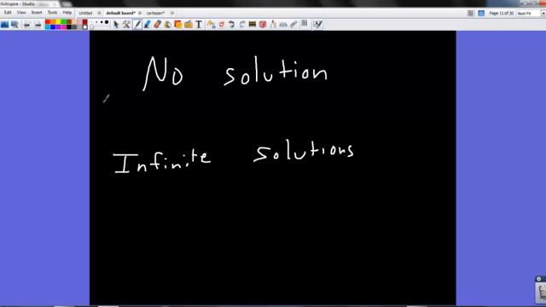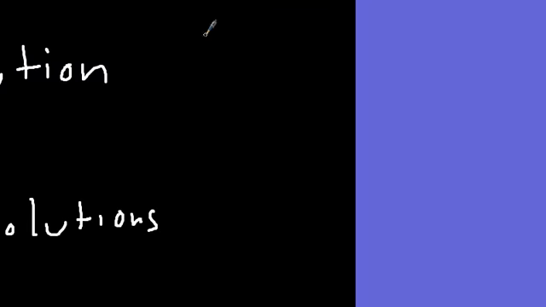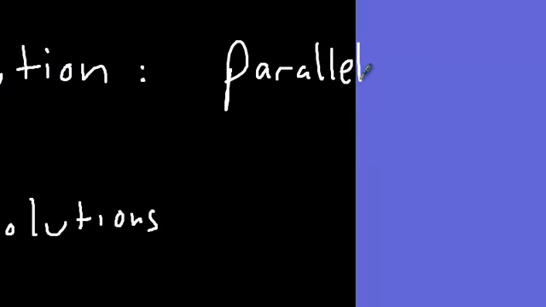Now, as we know, in a two-dimensional plane, the only time lines don't cross is if they're parallel. If your lines are parallel, they do not touch, which means there is no solution to a system. It's just not going to happen.